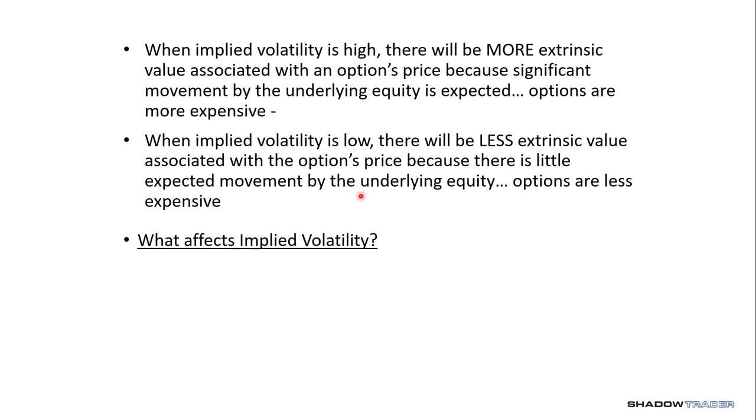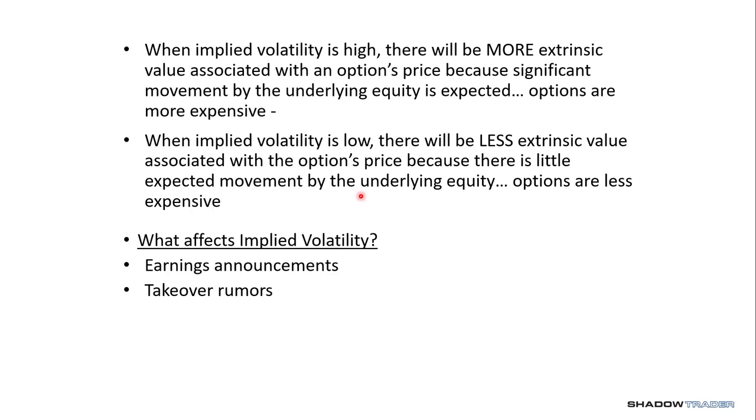Let's go back to what affects this implied volatility. Earnings announcements. What is unknown becomes known. Traders don't like unknowns, so they pump up the extra value that they want to get because of this unknown event called earnings. Takeover rumors. The price of something's got to be worth more on a takeover, right?